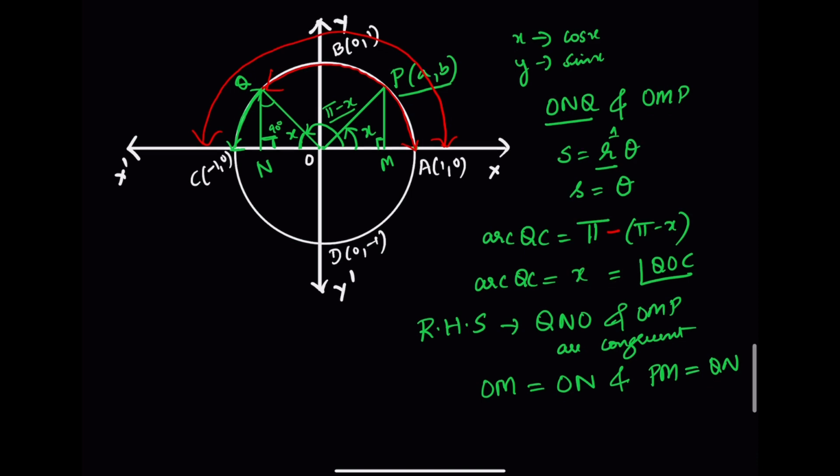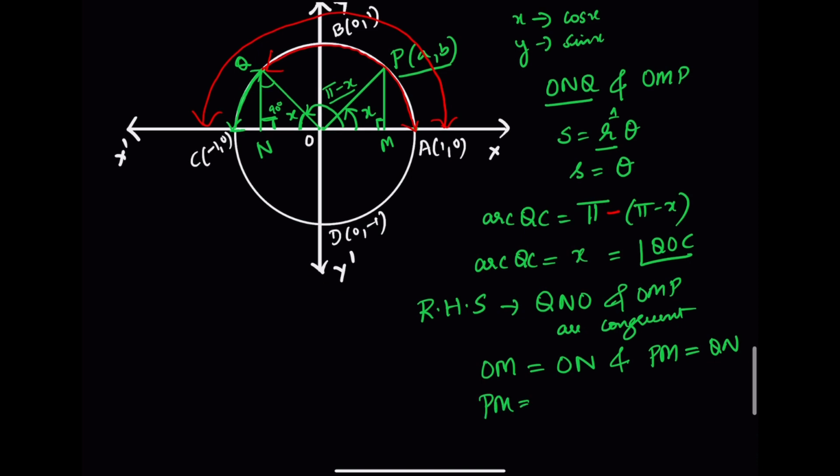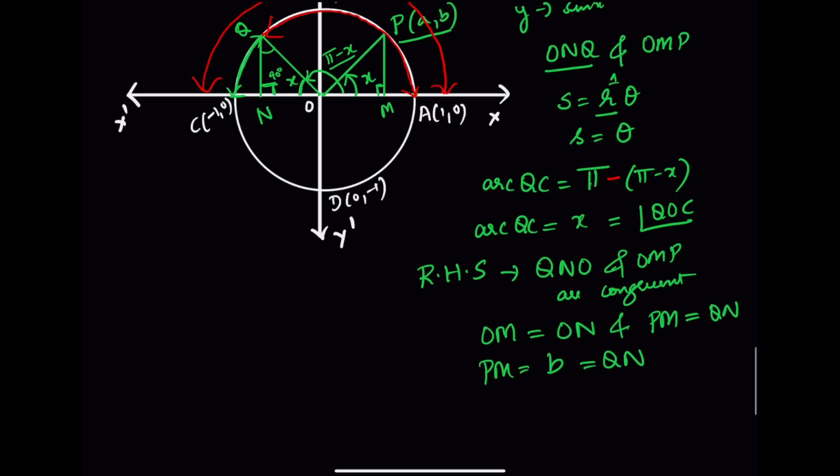Now what is PM? PM is nothing but the height or the y coordinate, which is b. So that is equal to QN. Now what is OM? OM is nothing but the x coordinate, but because it is in the first quadrant, it is positive.